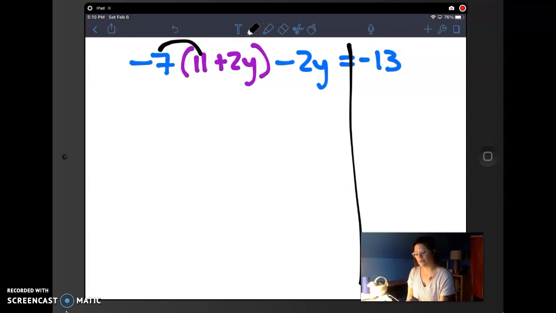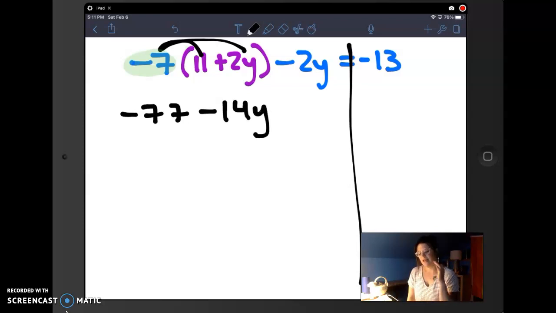So distribute the -7. -7 times +11 is -77. -7 times +2y is -14y. And then we're done. Only distribute to the things inside of the parentheses. The rest of the stuff does not change.